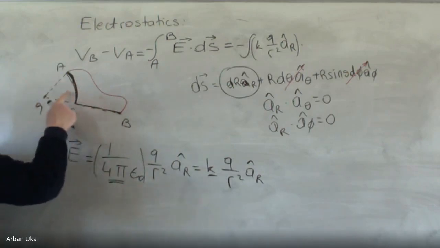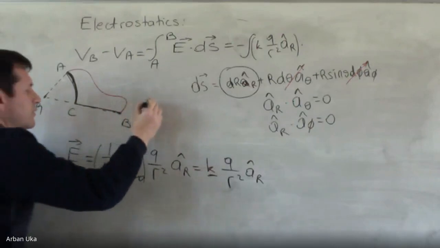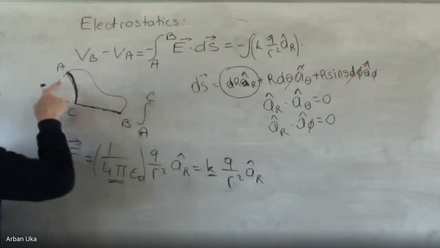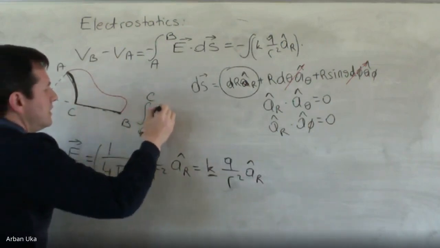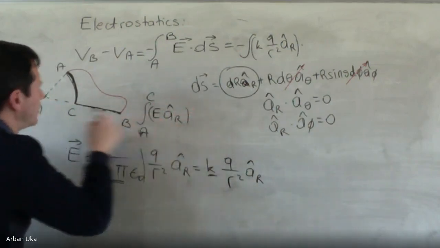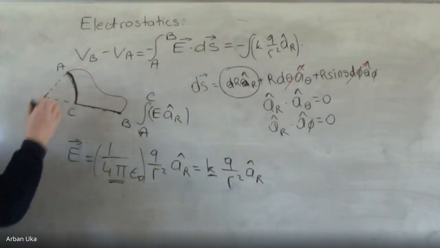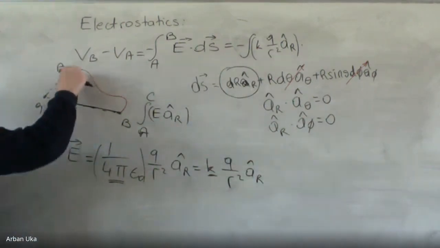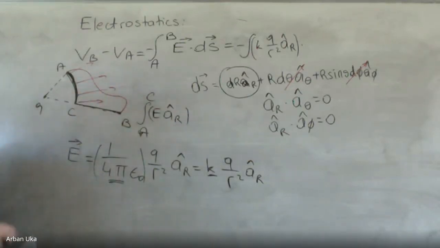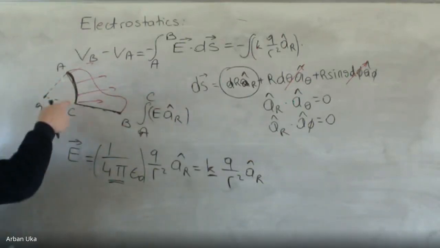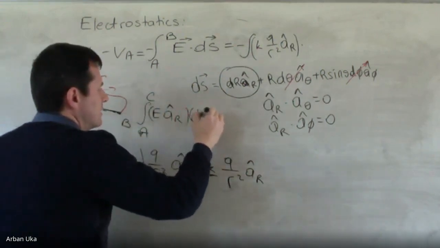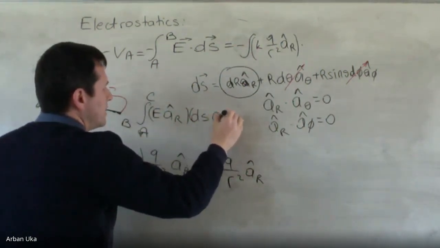What is E dot ds if you go from point A to point C? It is going to be equal to E a_r dotted with ds a_theta, because along all of this path, the electric field will be a vector which points in this direction, and then the path itself is a_theta.